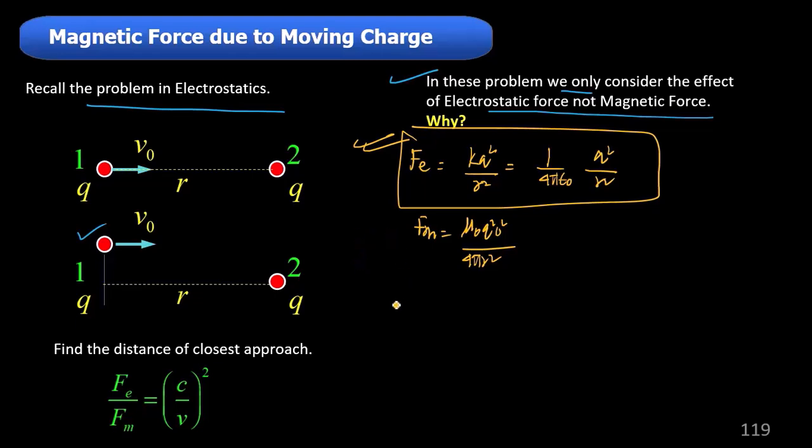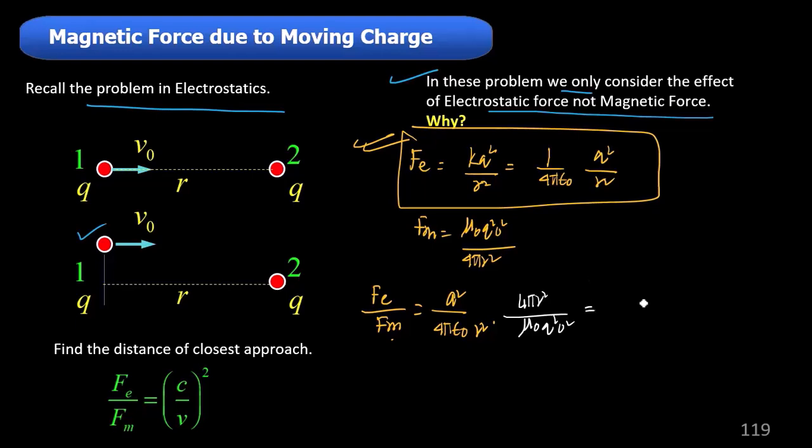If I take the ratio FE by FM, তাহলে কি হচ্ছে দেখ, কিউ স্কয়ার উপরে আছে বাই 4 পাই এপসিলন নট এখানে রয়েছে, r স্কয়ার ইজ অলসো ইন দ্য ডিনোমিনেটর, মিউ নট উপরে গেল, নিচে আসবে, তো উপরে থাকবে 4 পাই r স্কয়ার, নিচে থাকবে মিউ নট ইনটু কিউ স্কয়ার ইনটু v স্কয়ার। So 4 pi r square cancels out, q square cancels out.